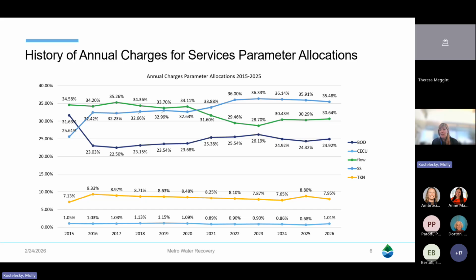When flow goes down, because constituents stay at the same level or increase because there are more units but lower flow from appliances, or lower flow of toilets and those sorts of things, saving water, you kind of see how things adjust over time. So we end up having less costs associated with flow and more costs associated with, in this case, suspended solids.